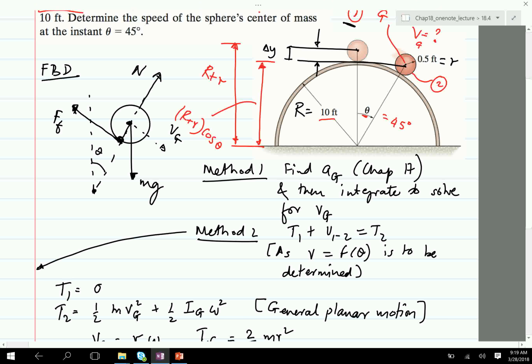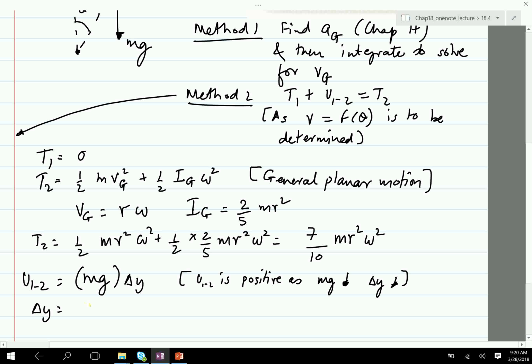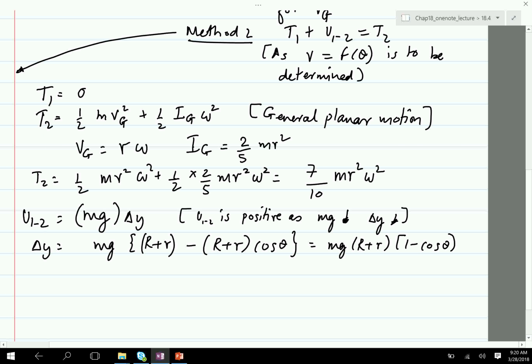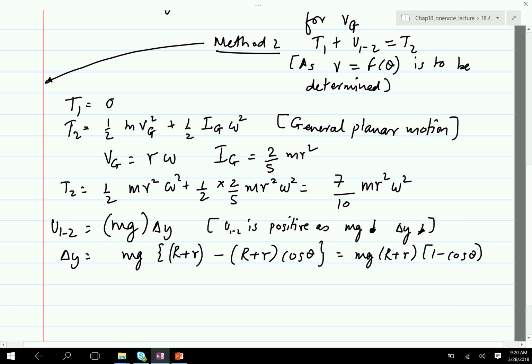So we can write this as mg times R plus small r minus R plus small r cosine theta, which is mg times capital R plus small r times 1 minus cosine theta.